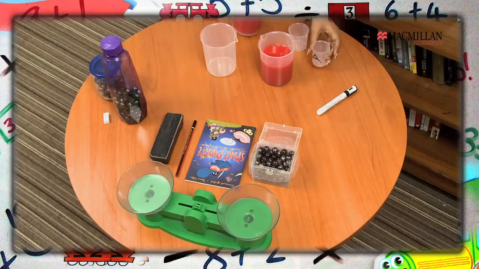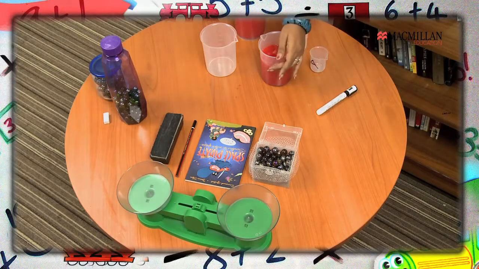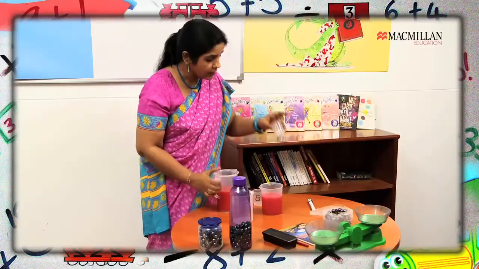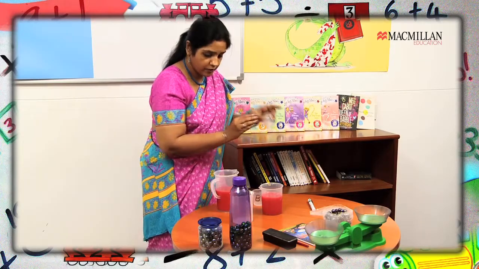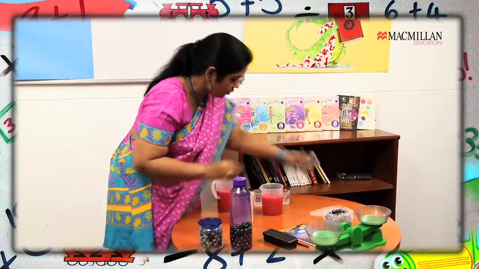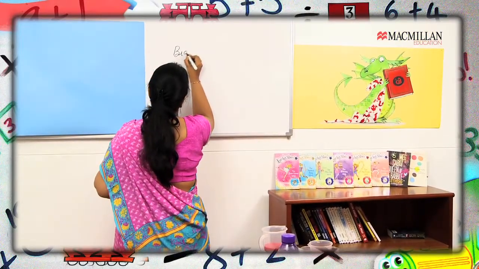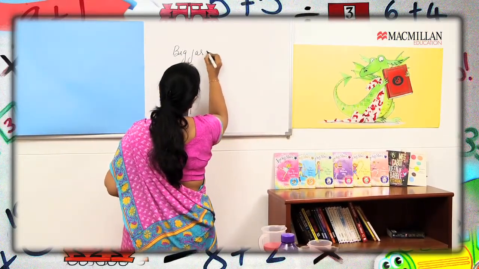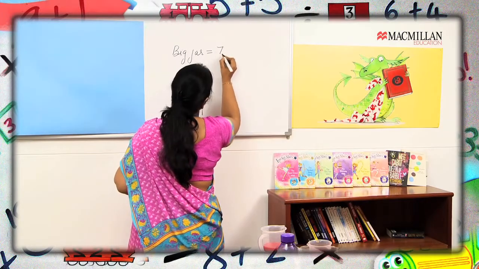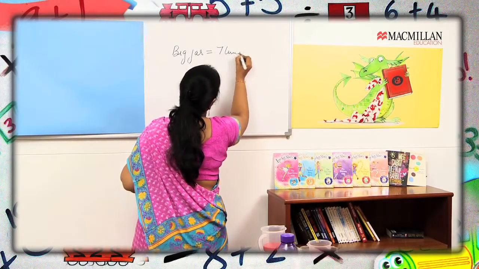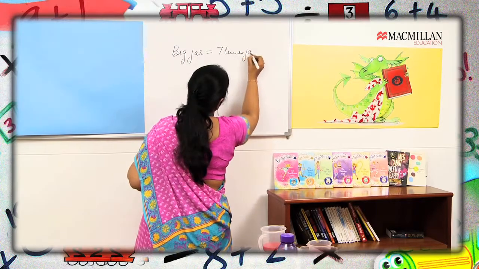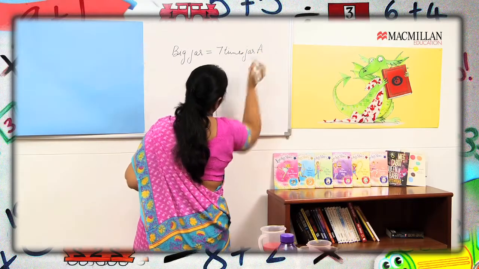So I have been able to fill this jar till this level using 7 of these jars. So to fill the big jar to a certain level, of course, I have used 7 times jar A.